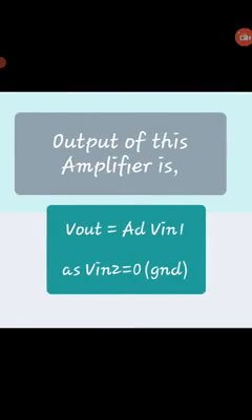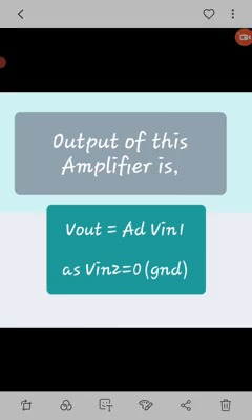The output of this type of amplifier is Vout equal to AD Vin1, as Vin2 is equal to 0, that means the ground.